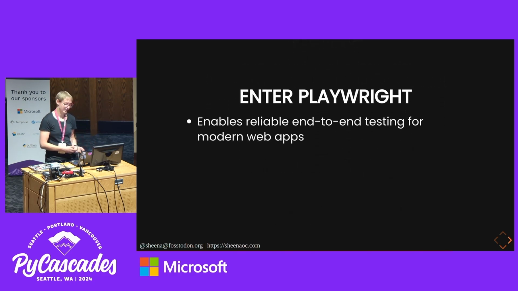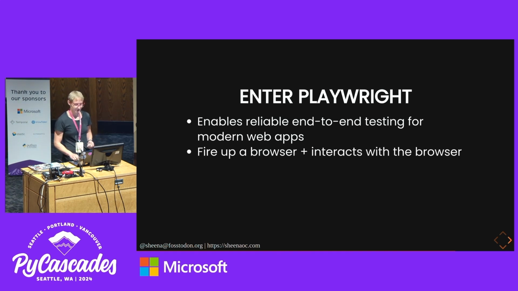Playwright enables reliable end-to-end testing for modern web apps. That is its catchphrase. Practically speaking, what that means is that Playwright fires up a web browser, and then it allows you to interact with that browser using Python code or other languages as well. Usually when I explain that, people are like, is it like Selenium? And I'm like, yeah, sort of.